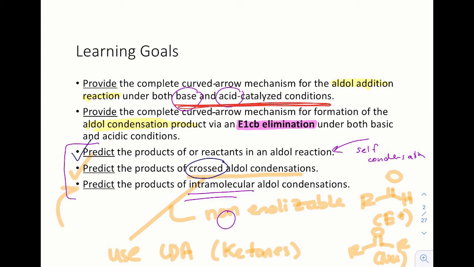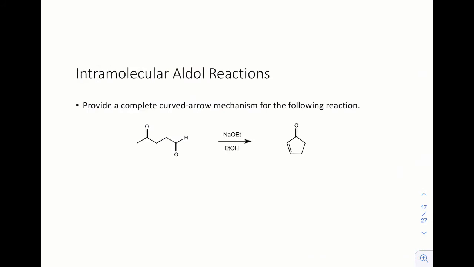Let's meet our last goal, which is to predict the products and draw the complete curved arrow mechanism for intramolecular aldol condensations. Also, I'll quickly point out, we've discussed base catalyzed reactions. We have not tried the acid catalyzed mechanism, so that will be coming up as well.